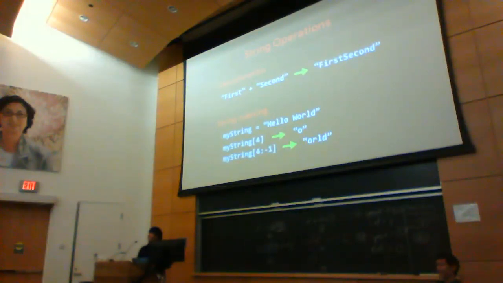It is O space W O R L. So this should be from the first O, not the second one. I guess I wasn't paying attention. And yes, the last index is not included. So it should be O space WORL, and I'll have it fixed before I post this.